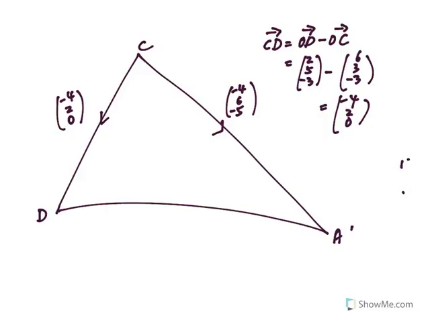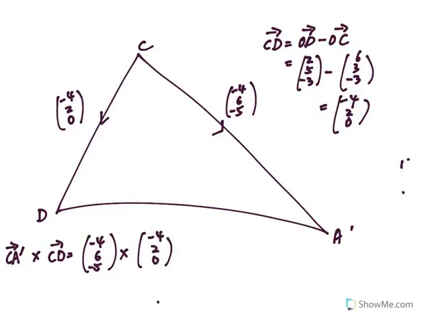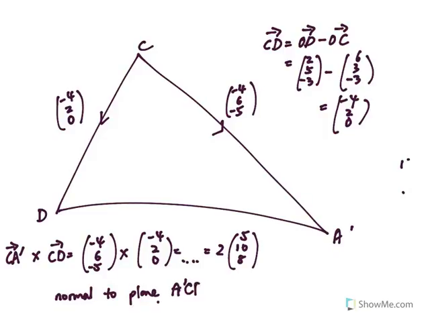So I take CA prime cross CD, which is -4, 6, -5 cross -4, 2, 0. Eventually you will get 2 times 5, 10, 8. So the normal to plane A prime CD is 5, 10, 8.